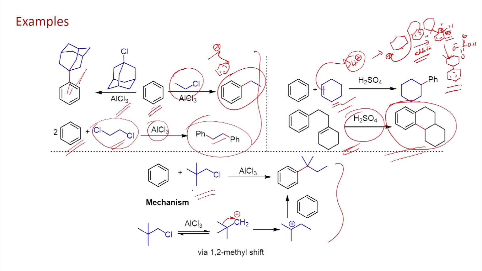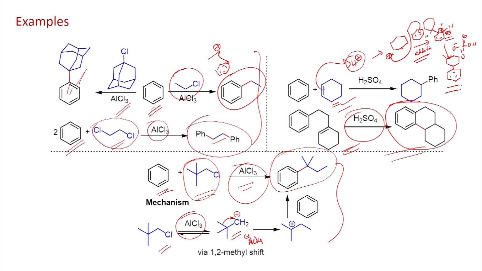If you look at these reactions, it involves a rearrangement in the presence of Lewis acid. For example, when you react benzene with this alkyl chloride in the presence of Lewis acid, we will be able to form this as the product. In this case, this alkyl halide first reacts with aluminum chloride, and we form the carbocation just as we have seen.